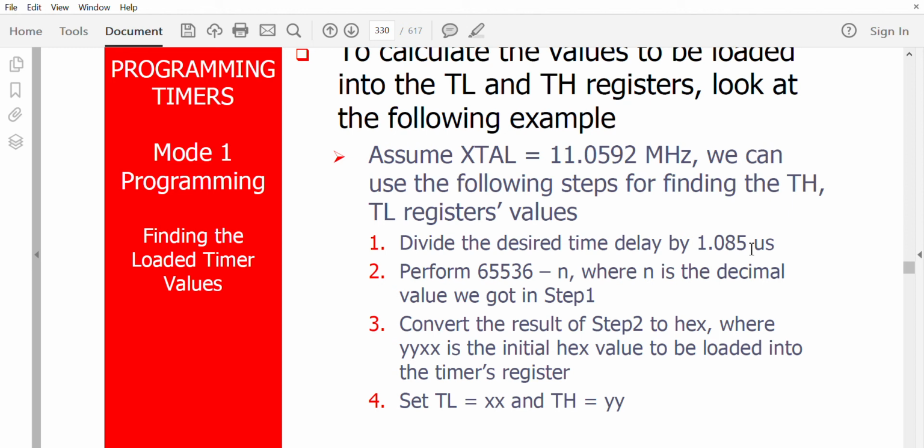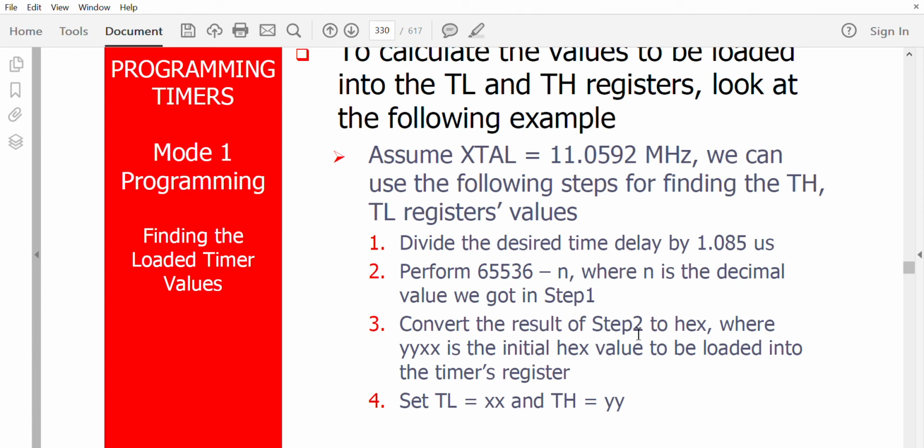Suppose you want to find the THTL value. Step 1: the desired time delay is divided by 1.085 microsecond. Step 2: 65536 minus n, where n is the decimal value we got in the first step.